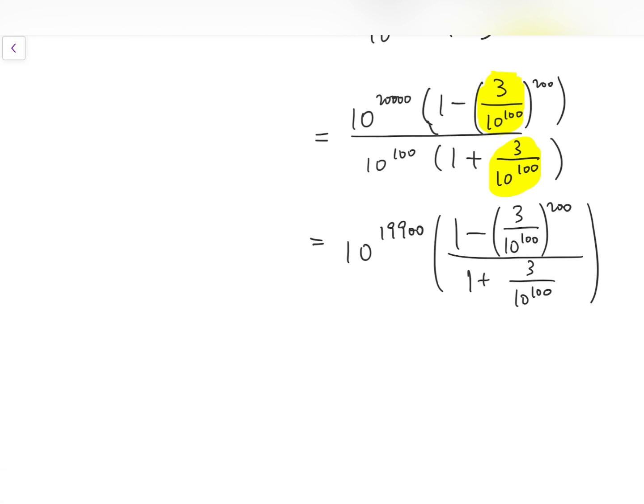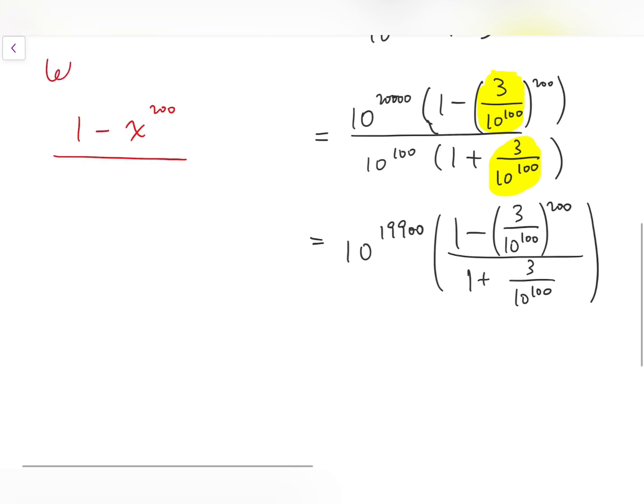Now for the fraction, given that it's in terms of 3 over 10 to the power 100, let's consider the fraction in this way. I let x be that fraction, so then the fraction becomes 1 minus x to the power 200 over 1 plus x.